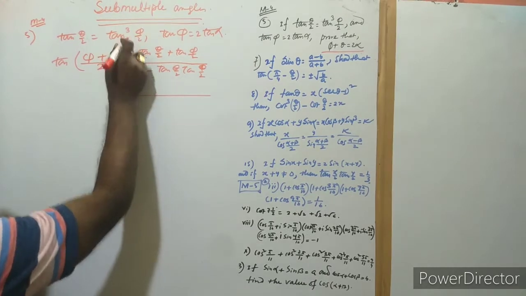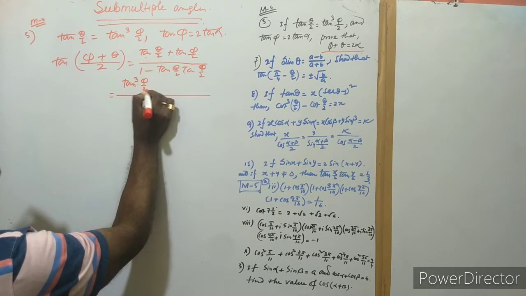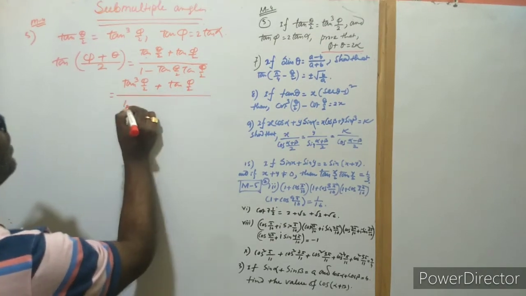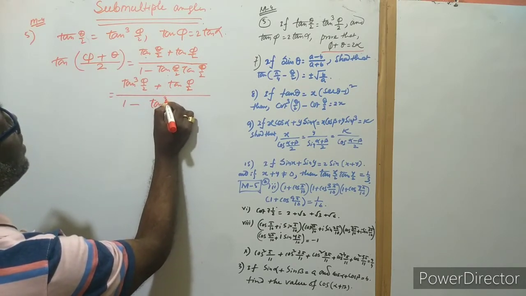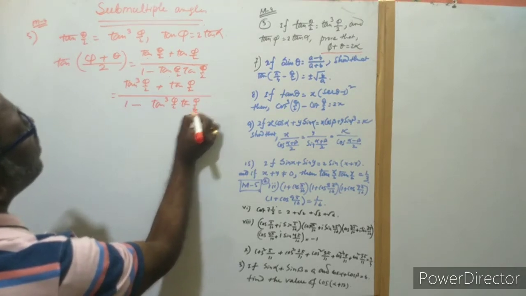Tan theta by 2 means this is tan cube phi by 2, and this is tan phi by 2. Okay, 1 minus tan theta by 2, that is tan cube phi by 2 and tan phi by 2.